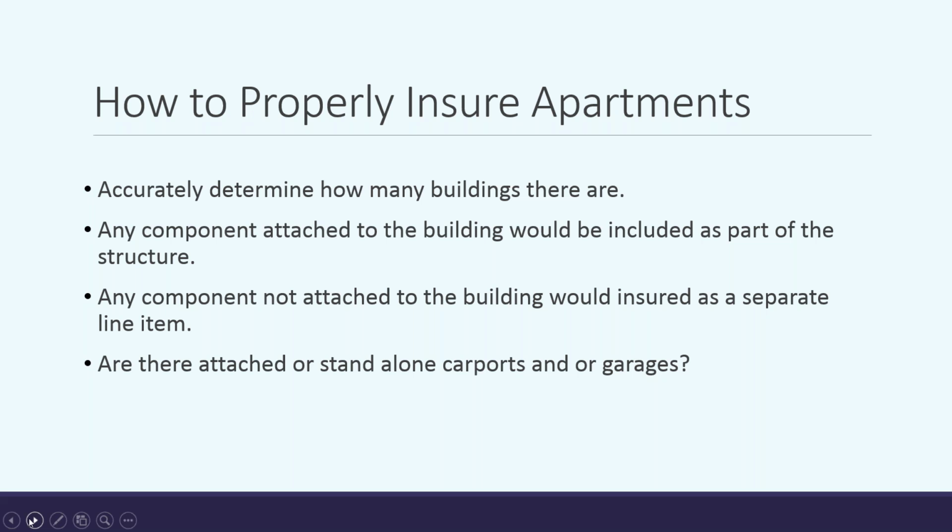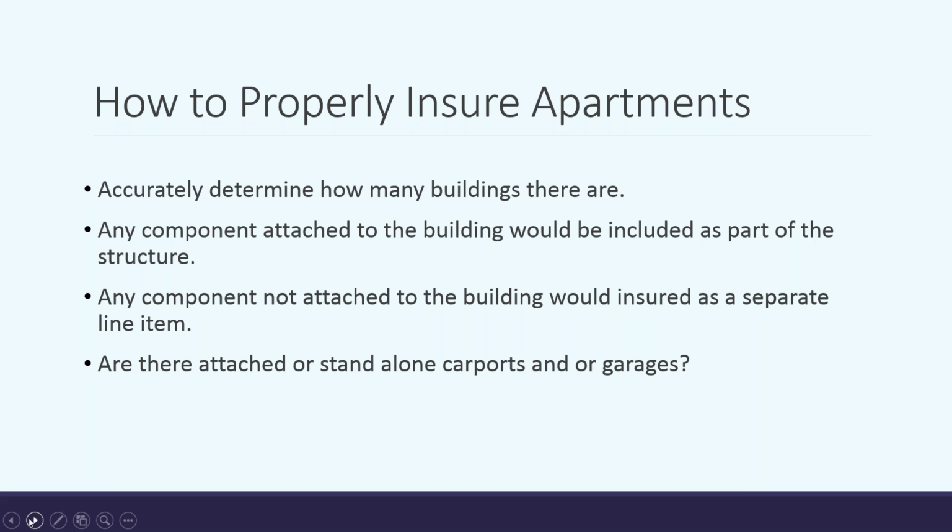So any component that's attached to the building, you would want to include a value for that as part of the structure. So the value being established for the building would include any component that's attached. What's typical? Usually it could be walls that are attached directly to the building.